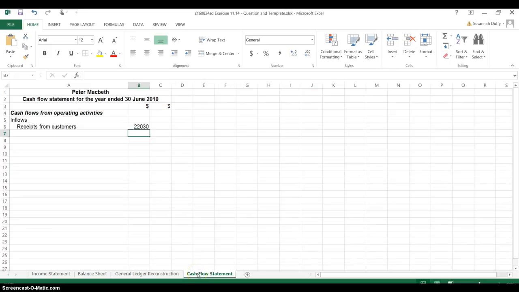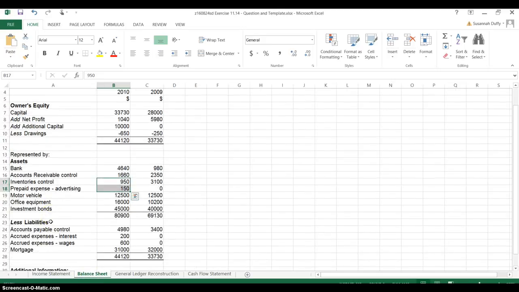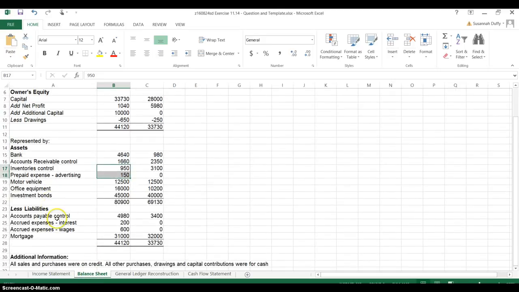Okay, so now we're on to step B within the operating activities. So we're looking for interest and dividends received. So if we go into our income statement and look for interest revenue, or dividend revenue would also be up in this other revenue section. So we can see that interest revenue existed. We're going to check the balance sheet in case there's any unearned interest revenue in liabilities, which there is not.